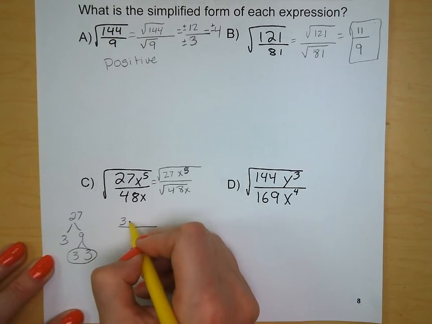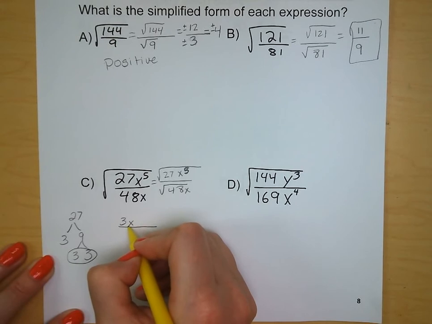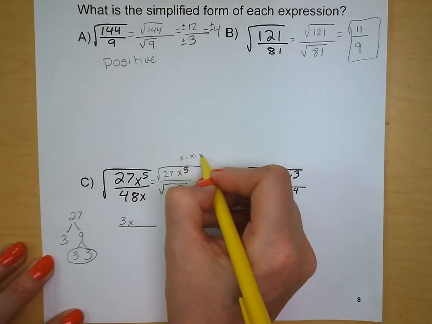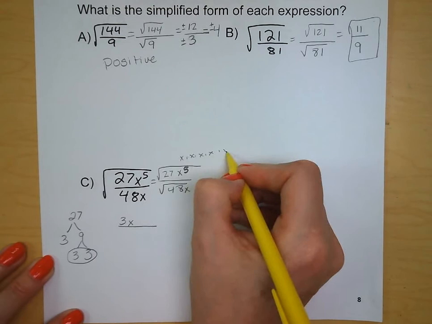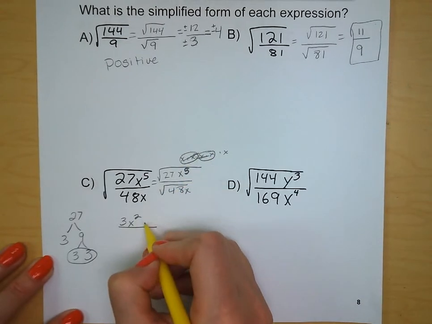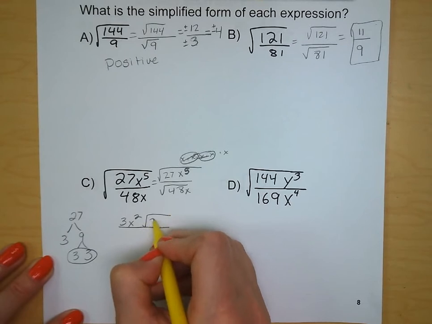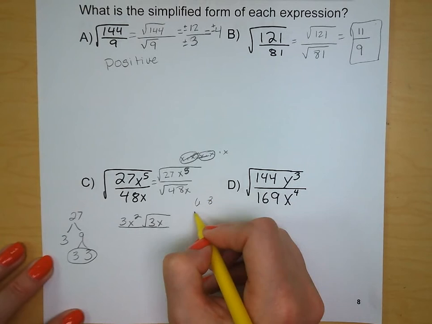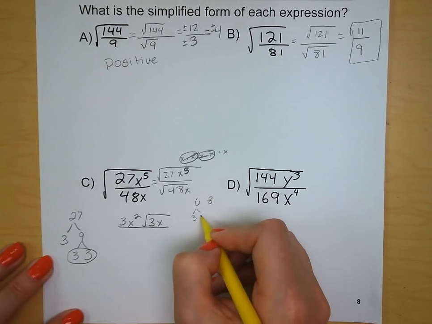So we've got 3 times the square root of, well, it's 3x squared times the square root of 3x. 48 breaks into 6 and 8.